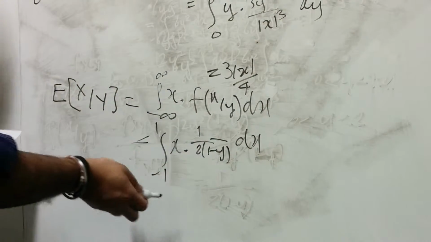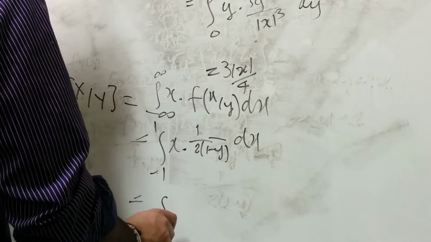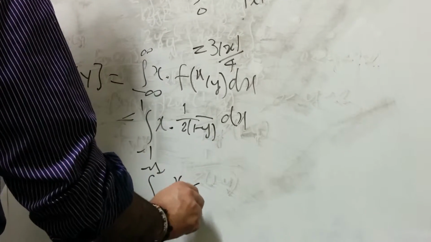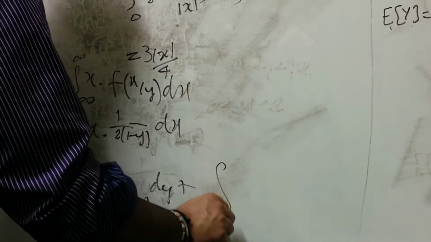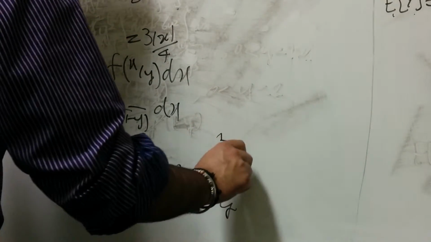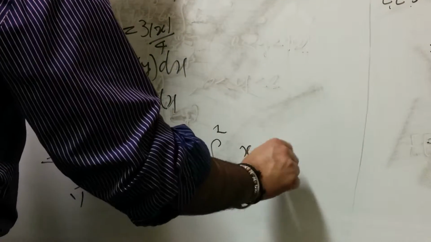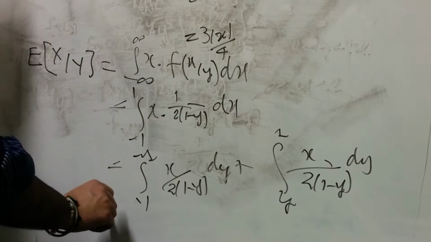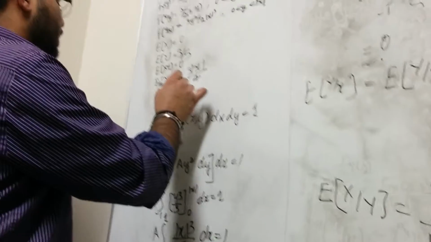Again we will break the limits at the break point y, and we will solve it. So I am breaking the limits and writing from y to y, x over 2(1 - y), plus from y to 1, x divided by 2(1 - y). Now on integrating and solving, putting these values, we would get E(X | y) as 0 as well.